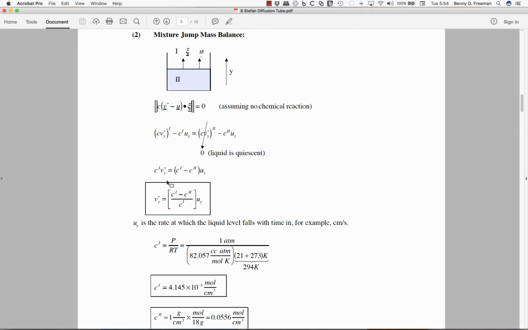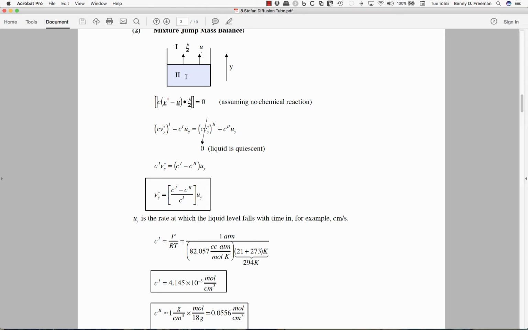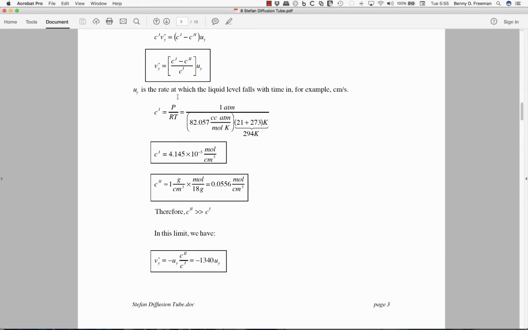C2 is the mixture concentration in the liquid phase, and this liquid phase is essentially pure water. There will be a little bit of air gases dissolved in there, but they're at mole fractions that are like 10 to the minus 6, parts per million. And so we can effectively take the concentration in the liquid phase to be that of pure water at ambient conditions.